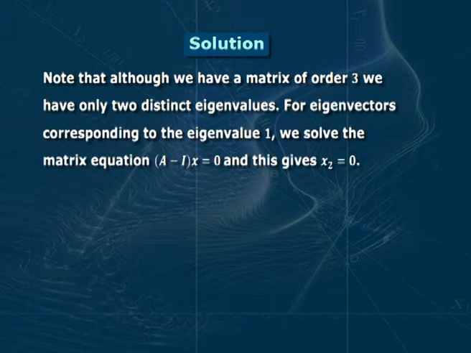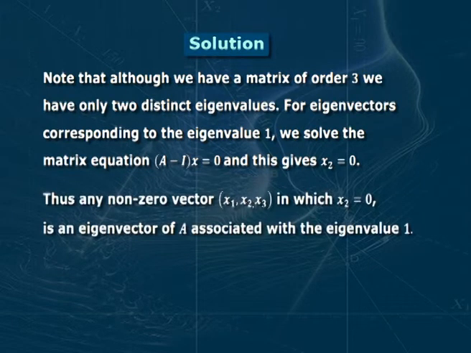For eigenvectors corresponding to the eigenvalue 1, we solve the matrix equation (A minus I) x equal to 0, and this gives x2 equal to 0. Thus, any non-zero vector (x1, x2, x3) in which x2 is 0 is an eigenvector of A associated with the eigenvalue 1.